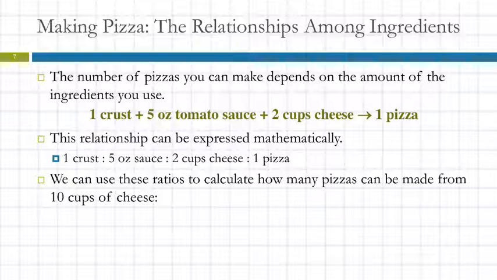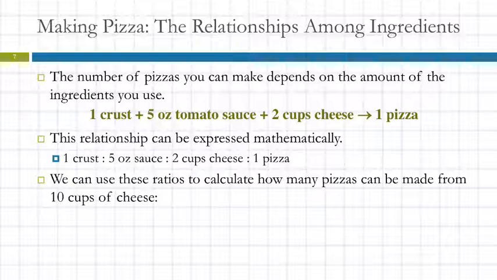And we can use these ratios to figure out how many pizzas we could make if we had 10 cups of cheese. Now, many of you can look at that and just say, well, 5, duh. The reason for using the pizza analogy is because we're going to look at how we get these relationships from this thing that we're familiar with. So we can see how it works, and then we can apply it to things that are very strange, like combustion of octane.